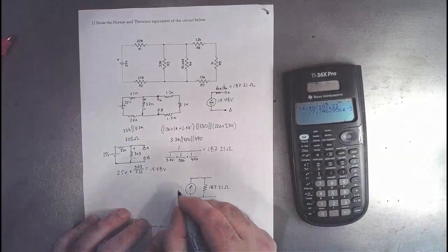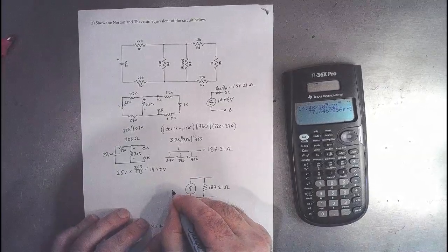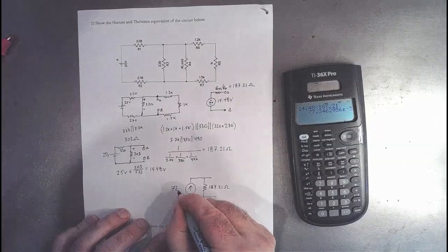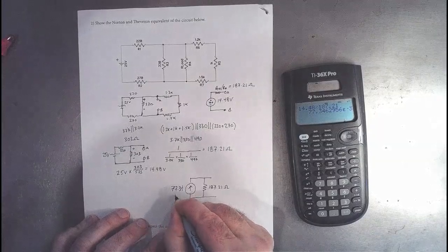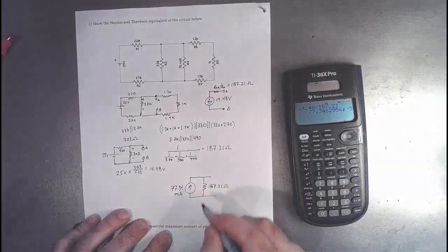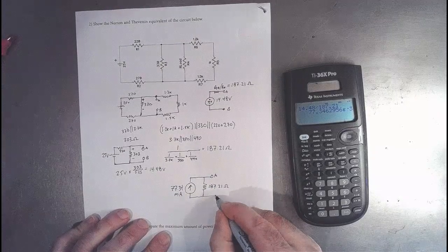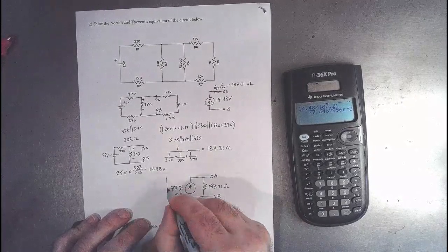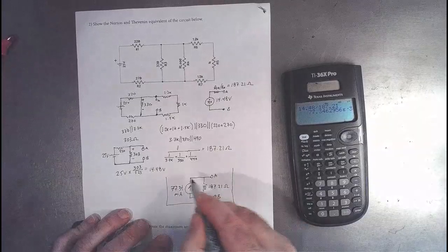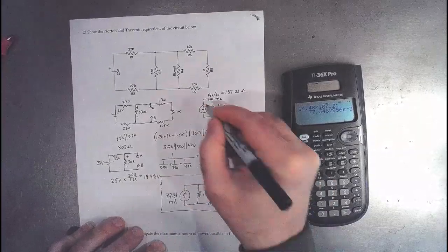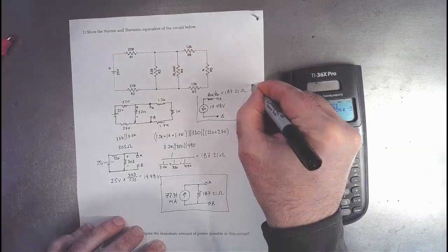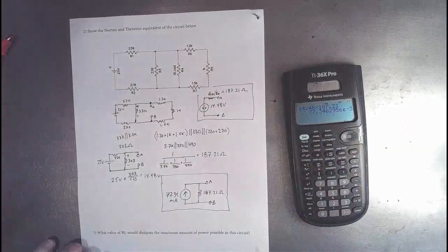So that means I is going to be 77.34 milliamps. And here's A, here's B. This is the Norton equivalent, and this is the Thevenin equivalent right here.